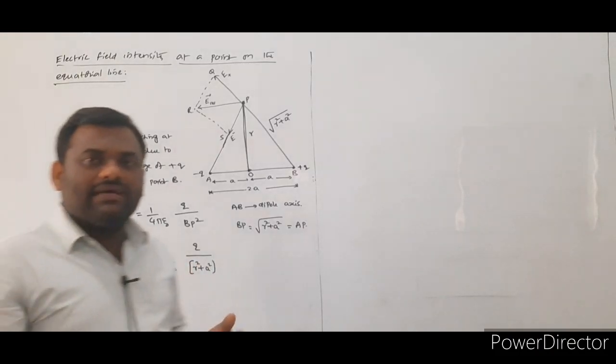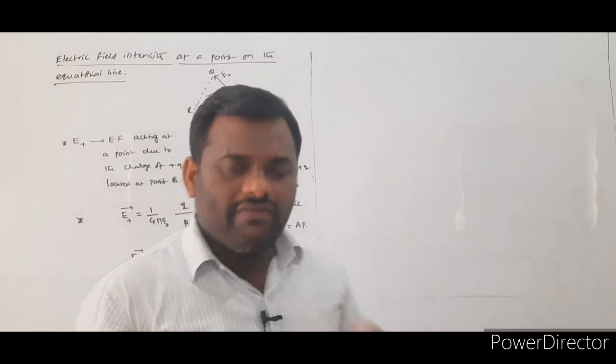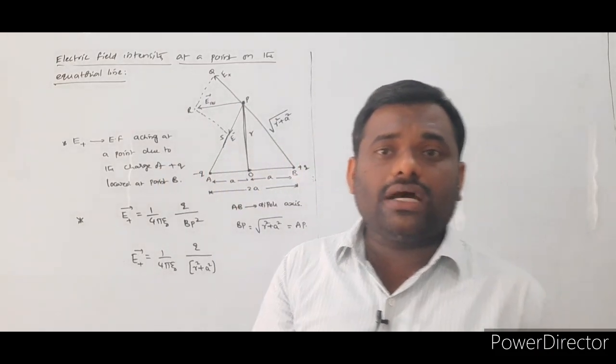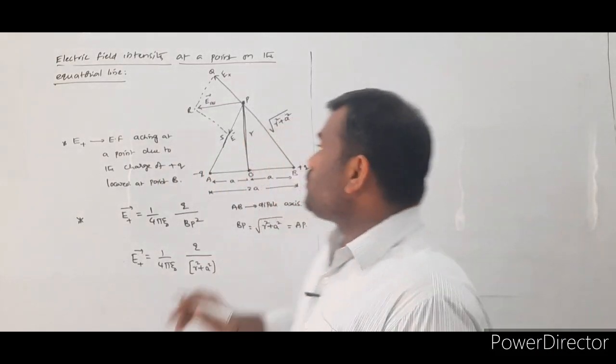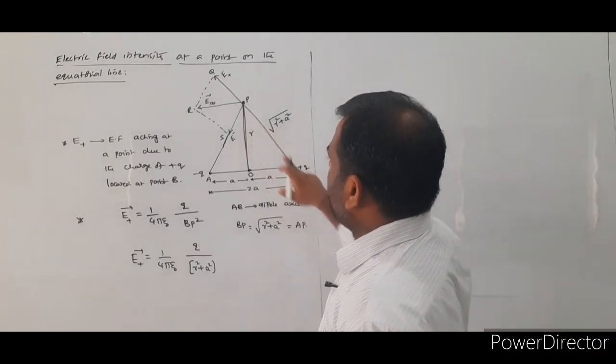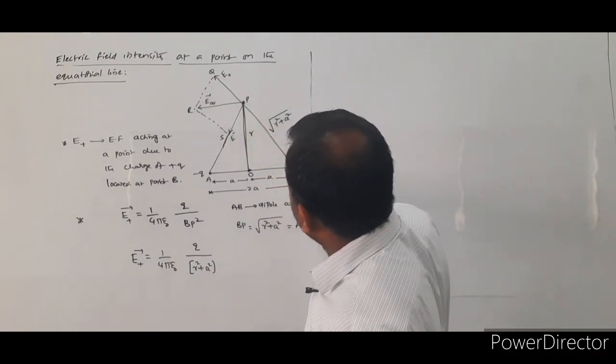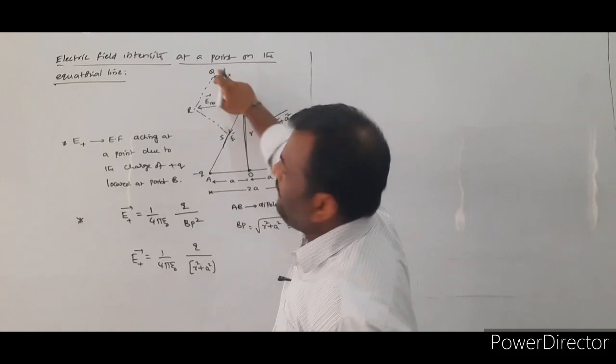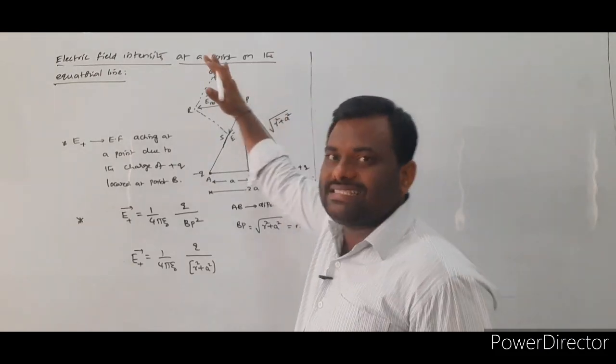So electric field is a vector quantity. If it is said to be a vector quantity, what about the direction? The direction of the electric field will be acting in the direction of either B to P or P to Q. Both will be in the same direction.